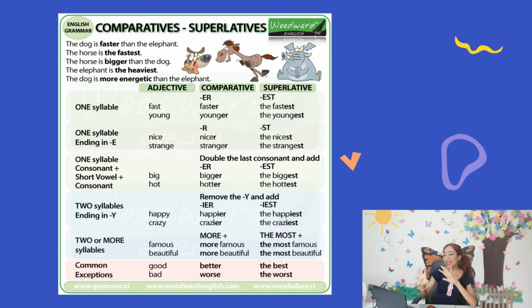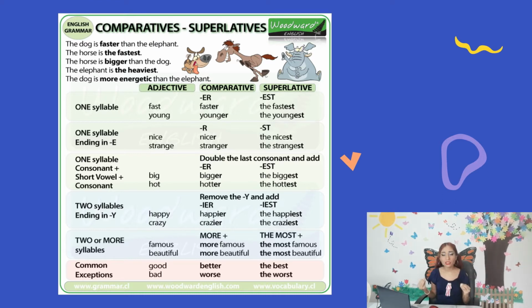We don't have the other subject with which we are comparing the horse, but if you understand the sentence well, it means you are comparing the horse with all of the animals that exist around the world. This is the reason why they say that the horse is the fastest animal, because in the whole world, this is the fastest. I don't know if it's true, but that's just an example.